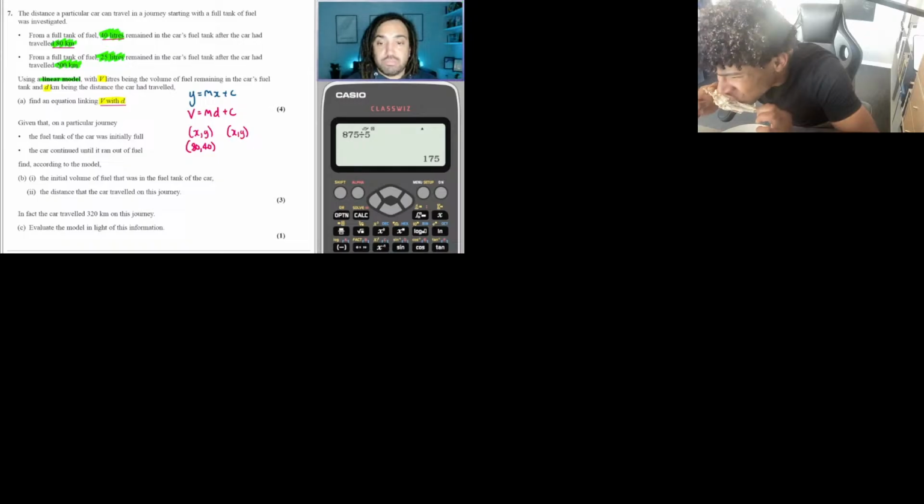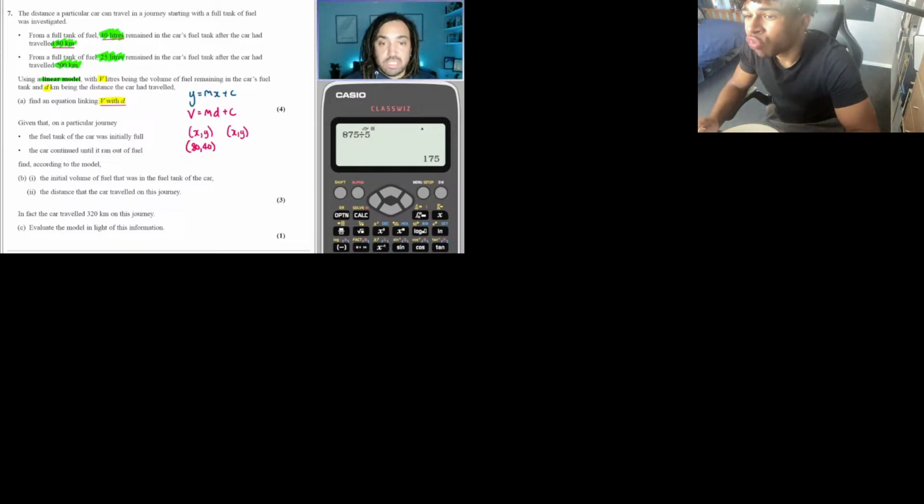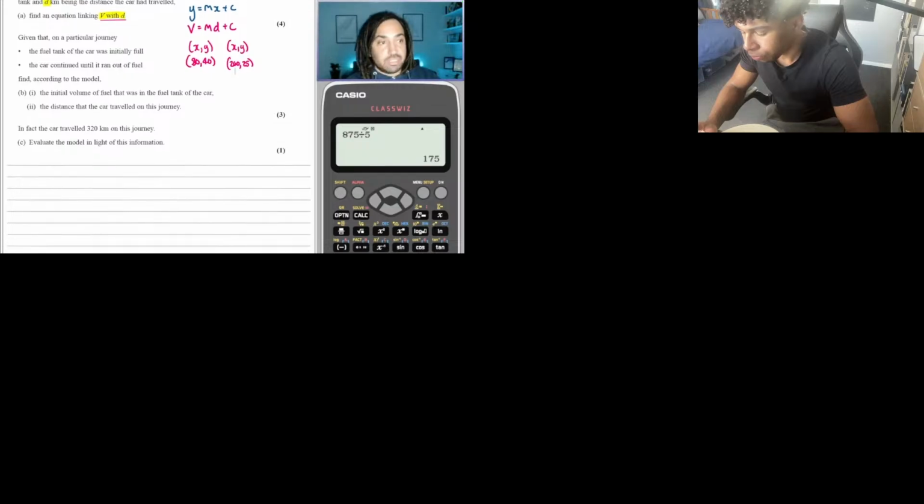So that's one bit of information written as a coordinate. And then here we've got 25 litres, which is the y, and 200, which is the distance, which is the x.